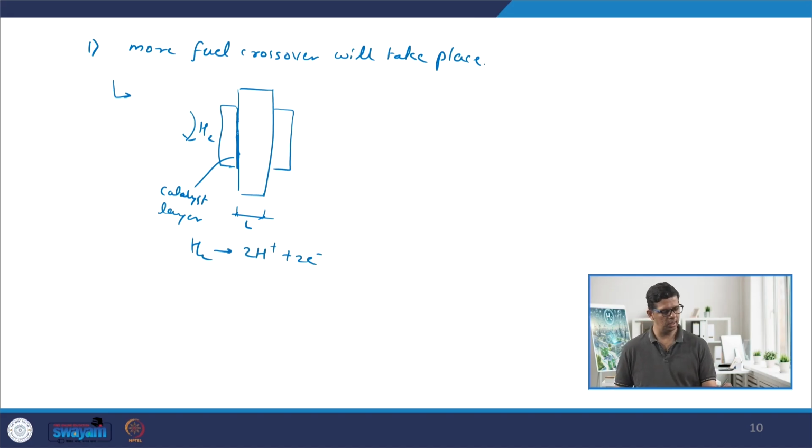This is the oxidation which is supposed to take place at the catalyst layer of the anode. Instead, hydrogen gets diffused as a molecule, reaches the cathode and there it gets oxidized. So this is the fuel crossover.